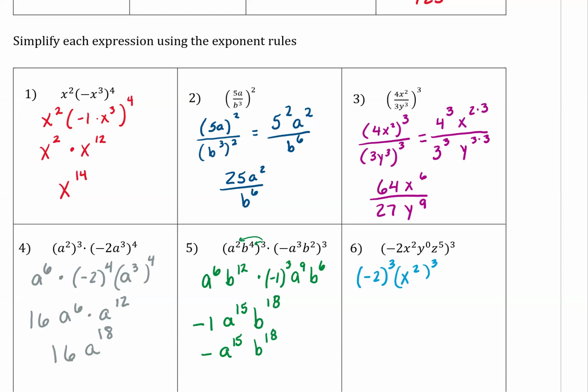Anything to the 0 power is 1, so I'm not even going to include the y anywhere. And then z to the 5th cubed. Negative 2 cubed is negative 8. Power to a power you multiply. This gives me x to the 6th. Power to a power you multiply. Z to the 15th.